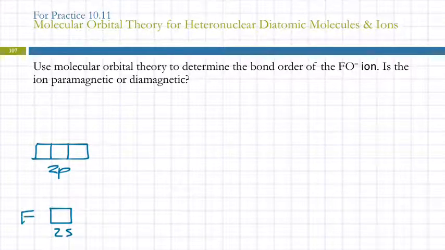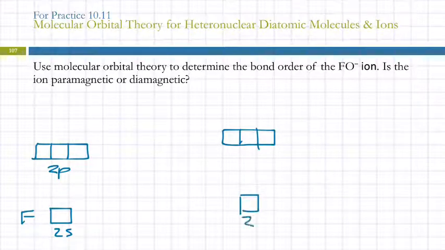This is for fluorine. And which is lower in energy, do you think? Fluorine. It's more electronegative. So I'm going to draw the oxygen just a little bit higher than the fluorine. So it's got 2s and 2p. And this is oxygen.